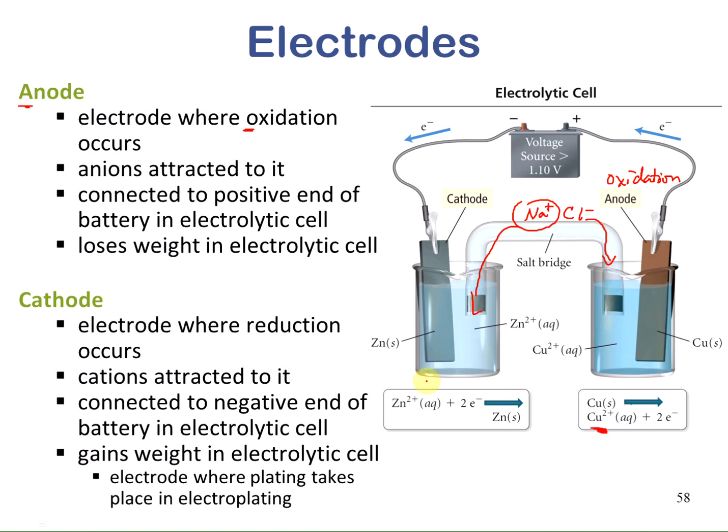So this one gets connected to the negative end of the battery. And this one's going to gain weight in an electrolytic cell because we're making more of the zinc metal. And when we're doing electroplating, the electrode, which is the cathode, is where the plating takes place. So we're adding more metal onto the surface of the electrode.